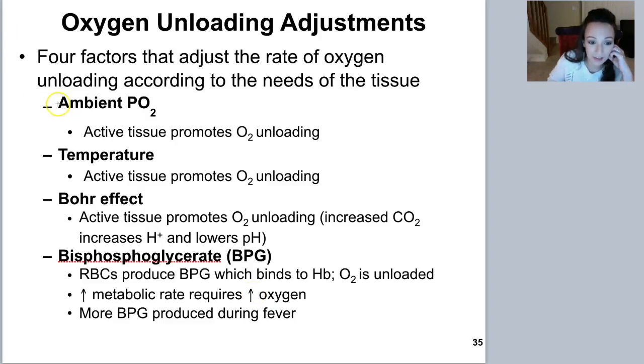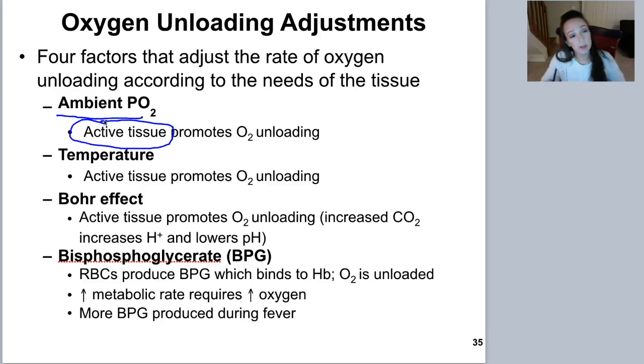The first factor here is the ambient partial pressure of oxygen. And this is referring to the partial pressure of oxygen in the tissue itself. So think about an active tissue. Active tissues consume more oxygen. So would the partial pressure of oxygen in there be higher or lower?